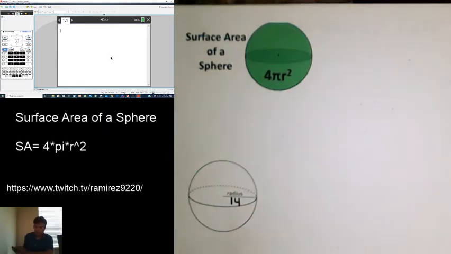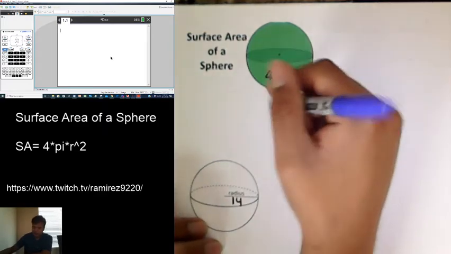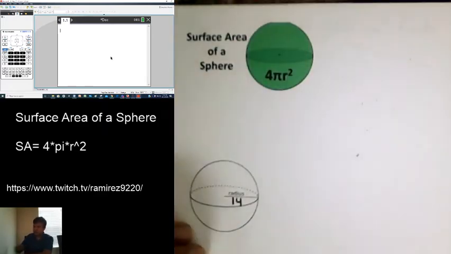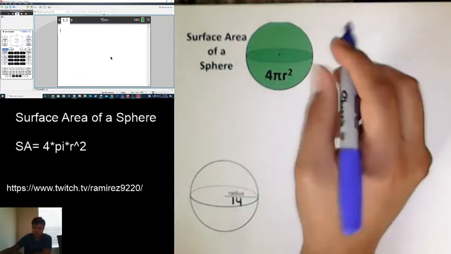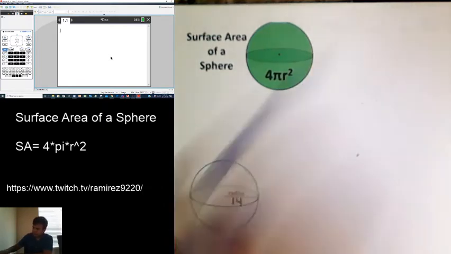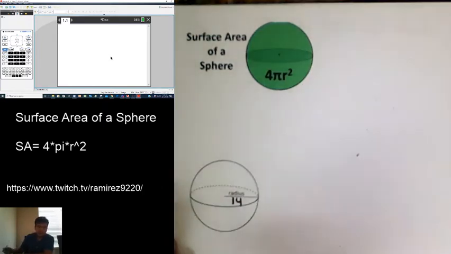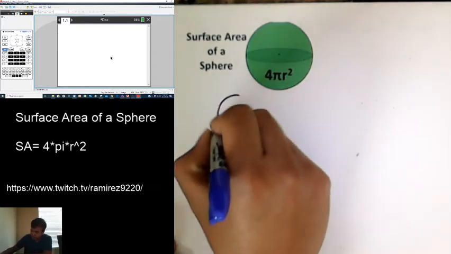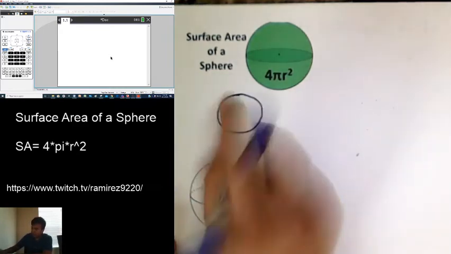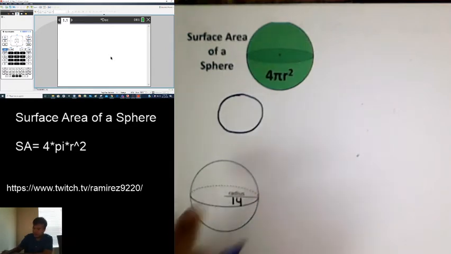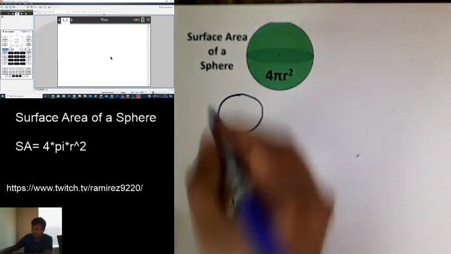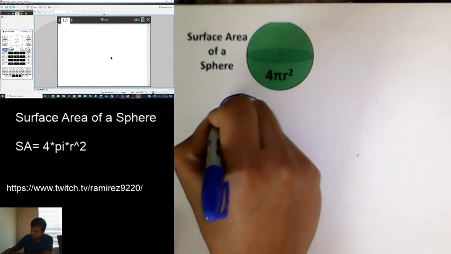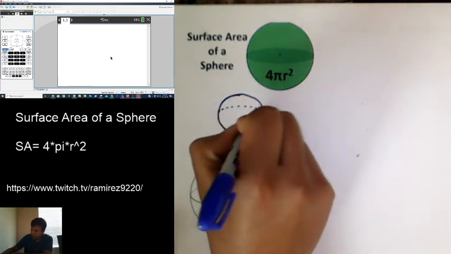Oh, and by the way, when you're going to try to draw these out in your notebooks, for those of you guys that want to do them like that, I'm going to show you really quick how to draw a sphere. As you can tell, it all starts off with a circle. So you just draw your own little circle, and then you draw an oval inside, but with a dashed line, like a little dotted line.